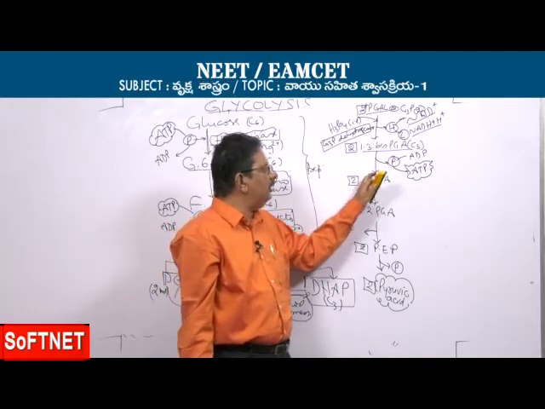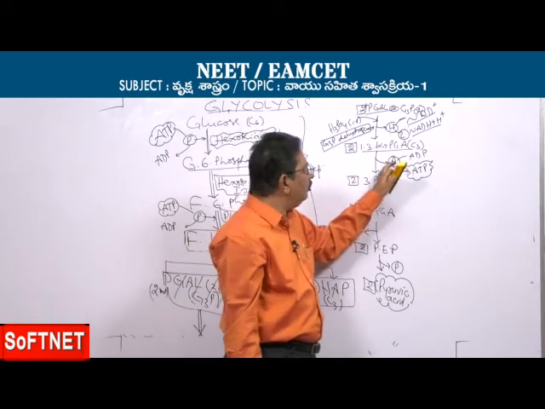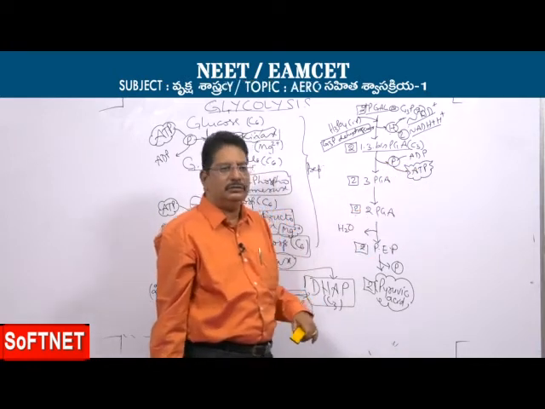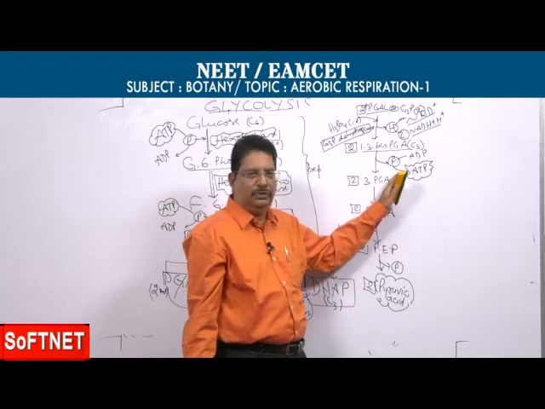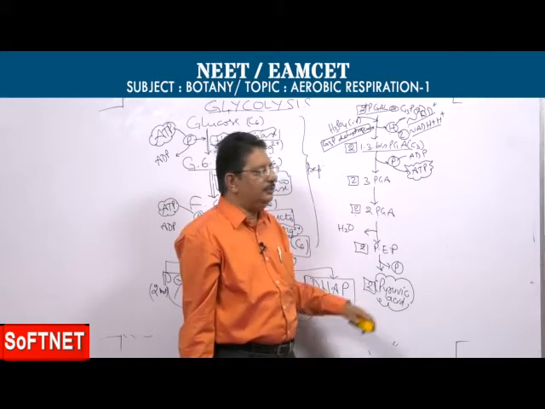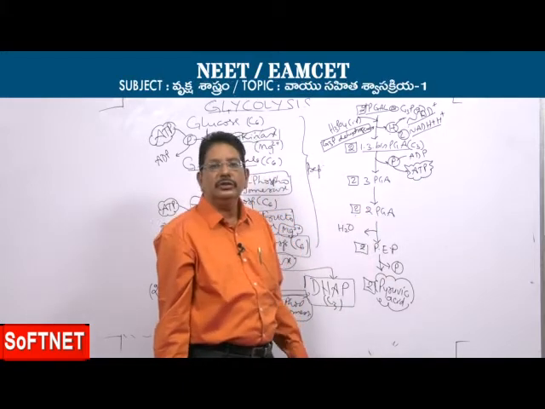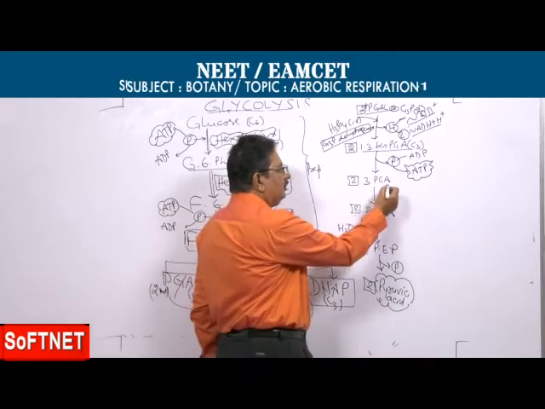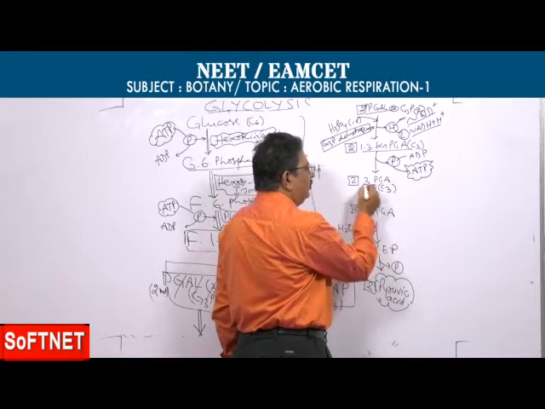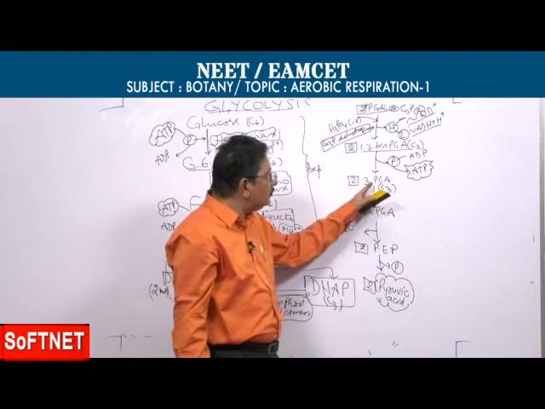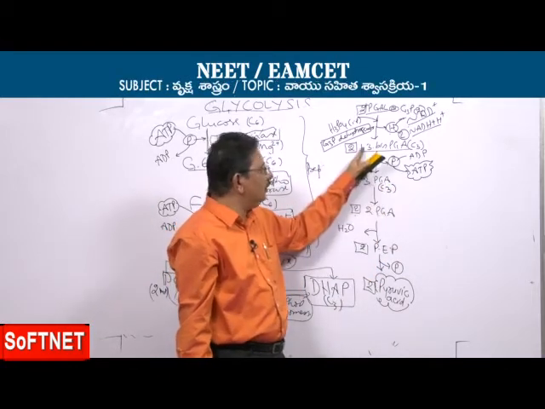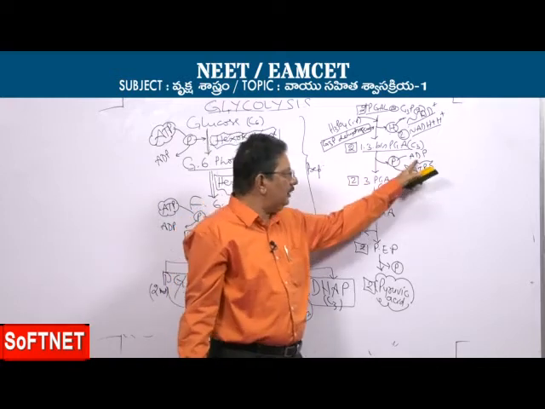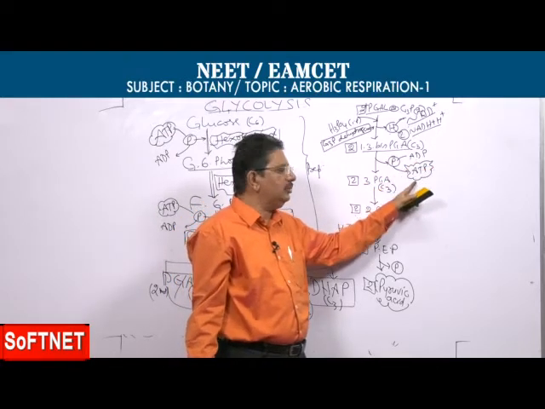So, chemically this reaction is called dephosphorylation, where phosphate is removed and added to ADP, converting it into the cell currency ATP. So, another C3 molecule is formed, which is called 3-phosphoglyceric acid.